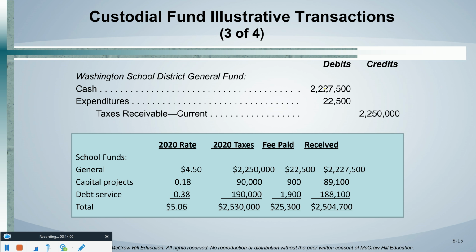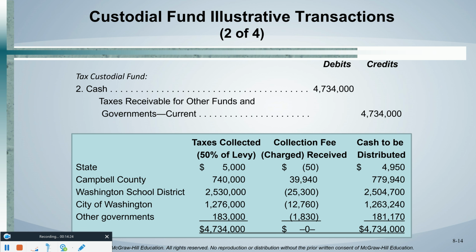That'll be the debit to the cash. The $22,500 is going to be the collection fee expenditure. Okay. Obviously, we're going to do a similar journal entry for the school district capital projects fund and the school district debt service fund.